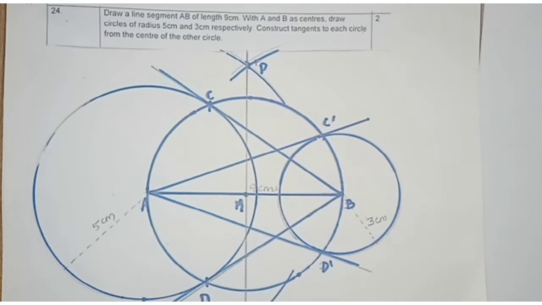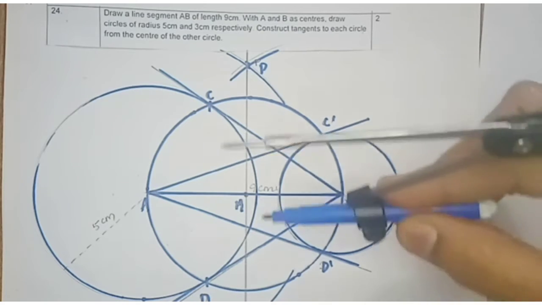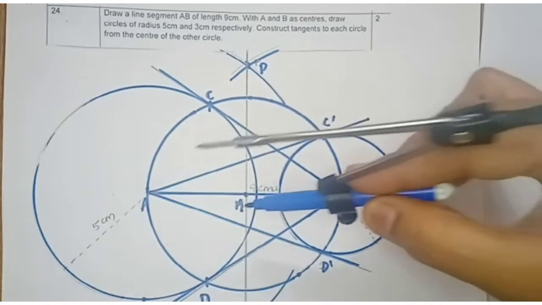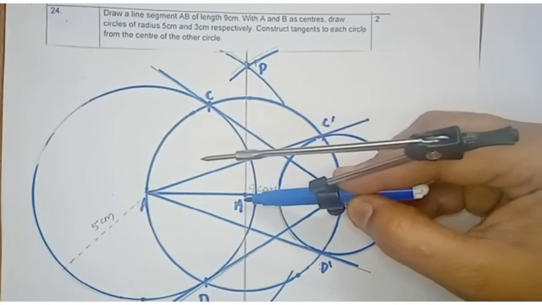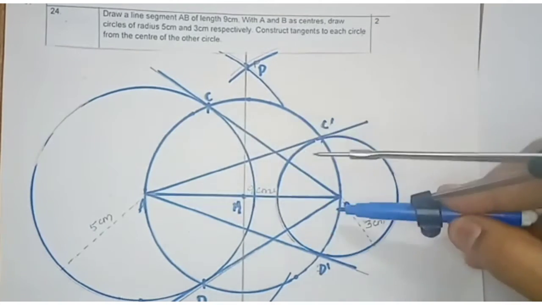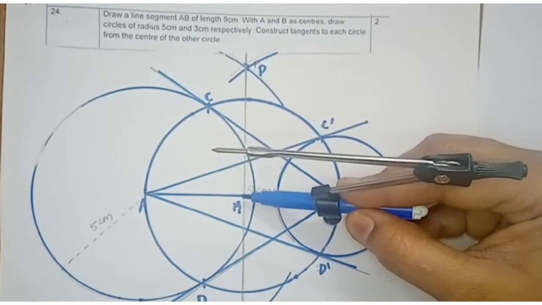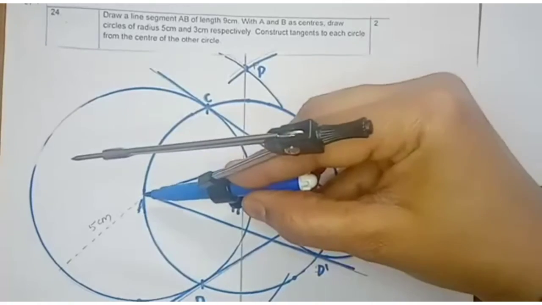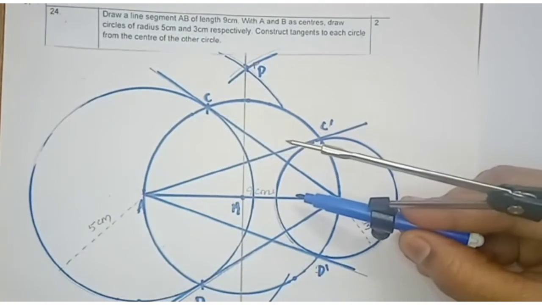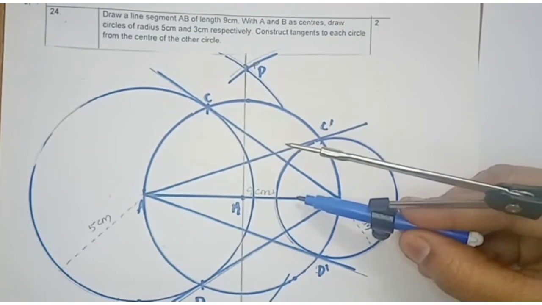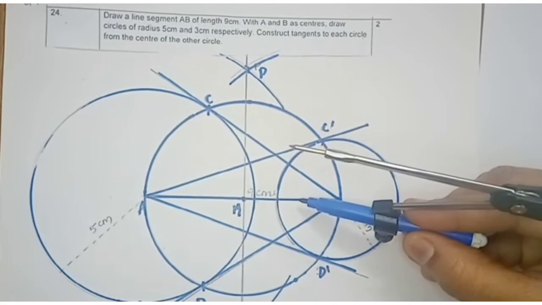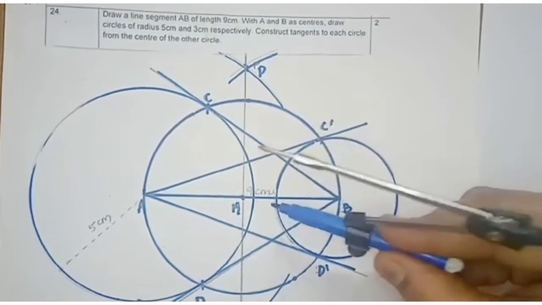Once again I am telling, in order to draw tangents, we need to find the midpoint of AB. In order to get the midpoint, you take the measure of more than half of the length of 4.5.